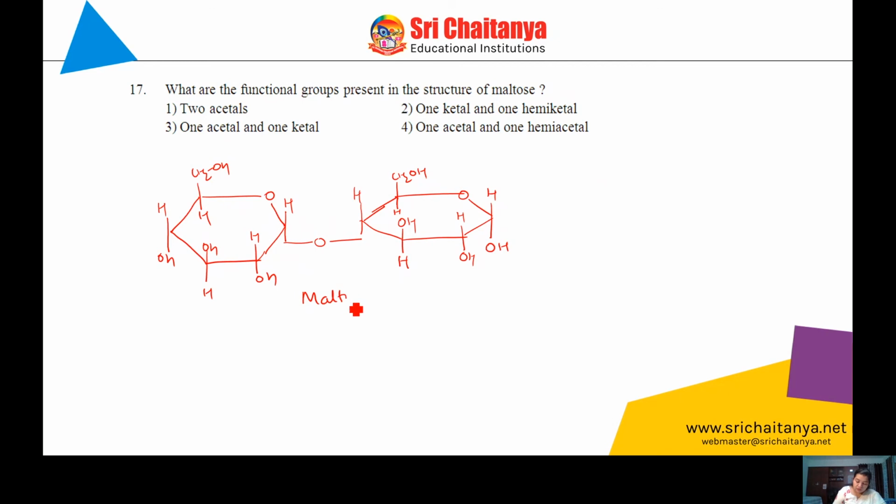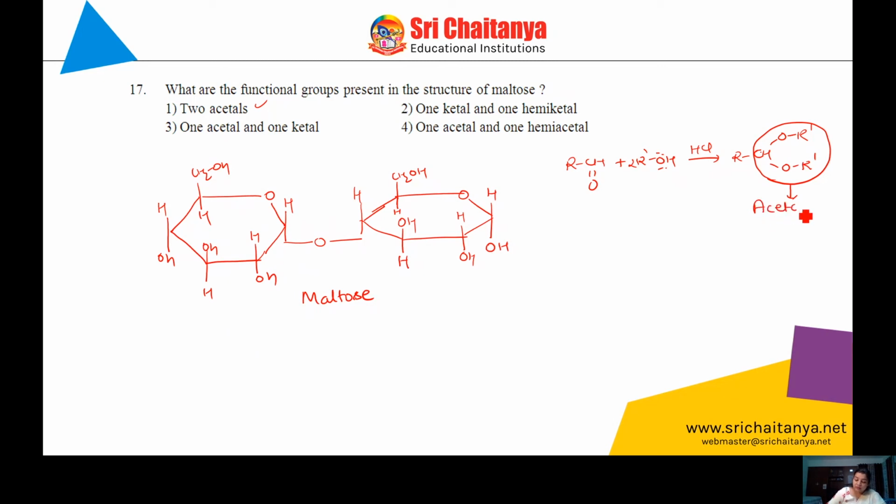Now what they are asking is acetal or ketal. When an aldehyde combines with 2 moles of alcohol in presence of HCl, RCH(OR')(OR'), with 2 OR' groups on the single aldehydic carbon, it is known as acetal.